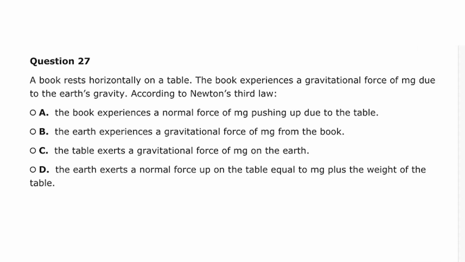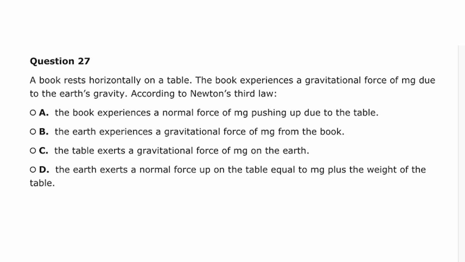All right. So let's dive into this first discrete question. A book rests horizontally on a table. The book experiences a gravitational force of mg, mass times gravity, I'm assuming that's what that is, due to the Earth's gravity. According to Newton's third law, A, the book experiences a normal force of mg pushing up due to the table.